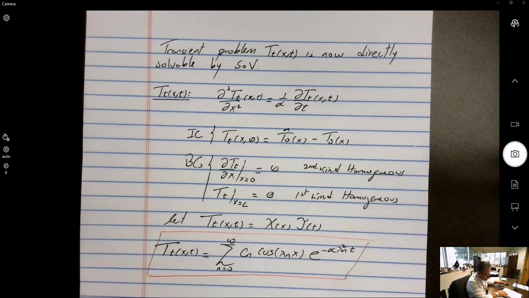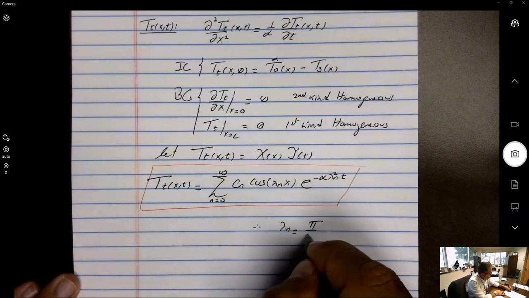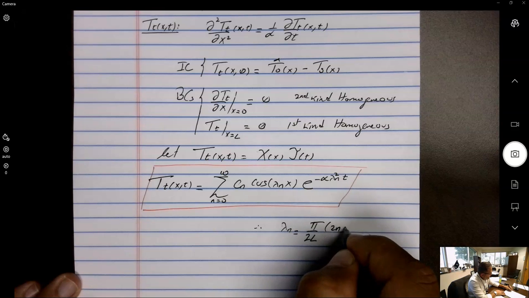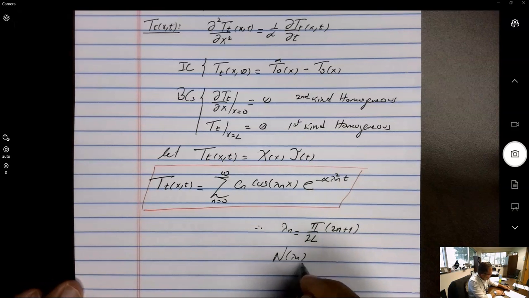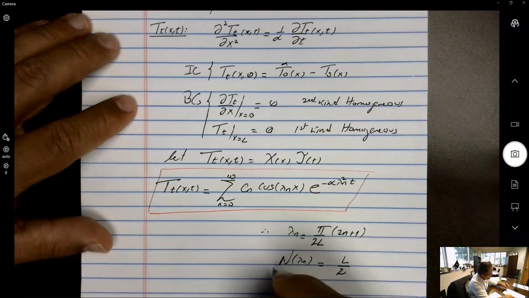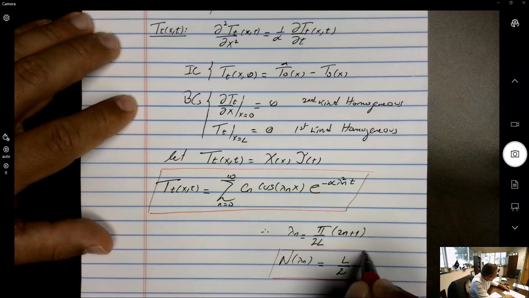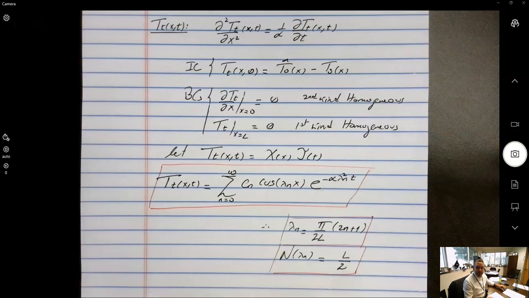Here's the eigenfunction, such that the eigenvalues are given by pi over 2L times (2n plus 1), and the norm is L over 2. That's for that combination of boundary conditions.